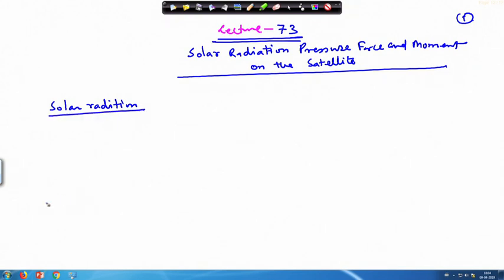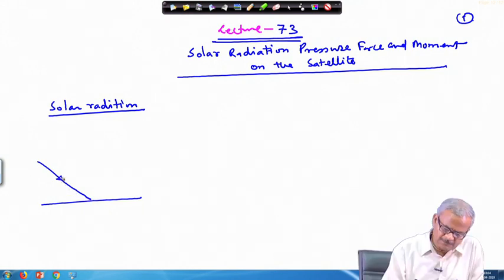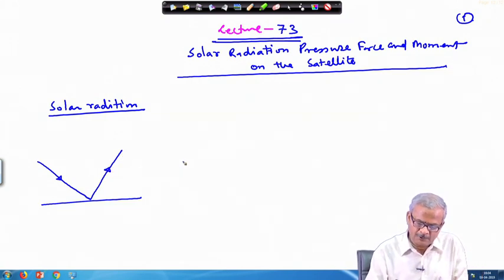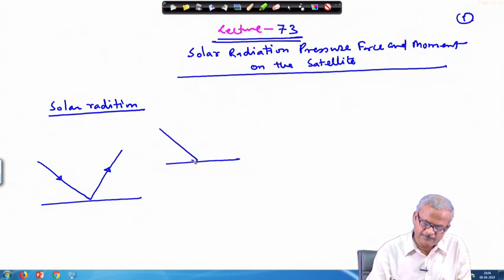So, solar radiation falling on the surface of the satellite, as in the case of the aerodynamic torque and the force we have considered.